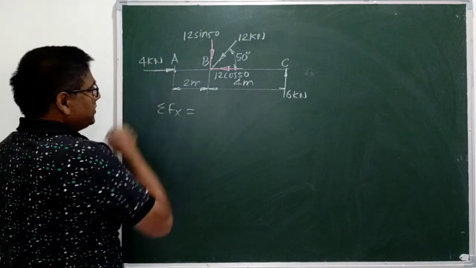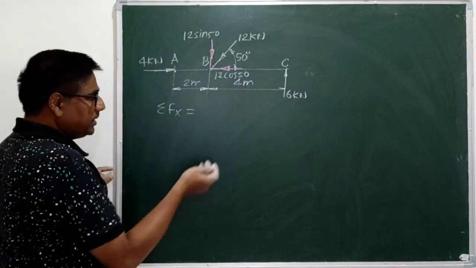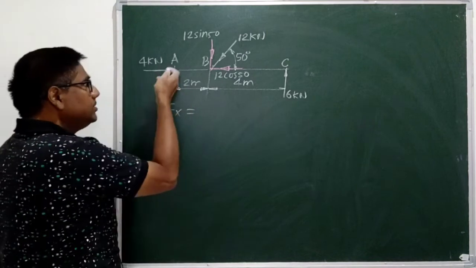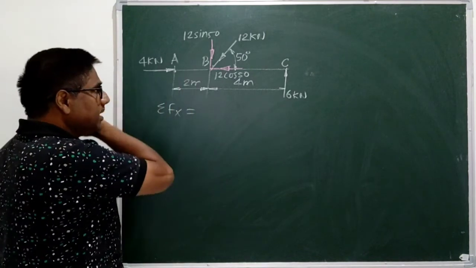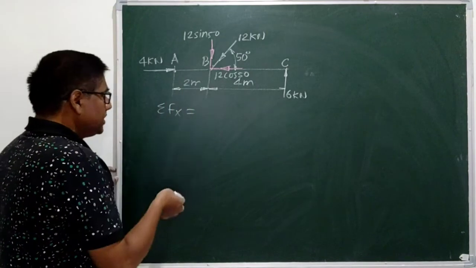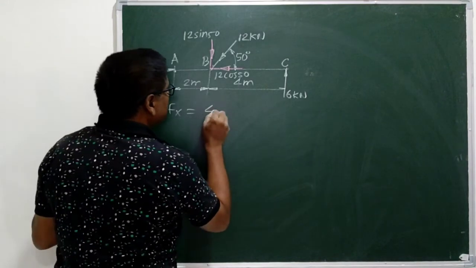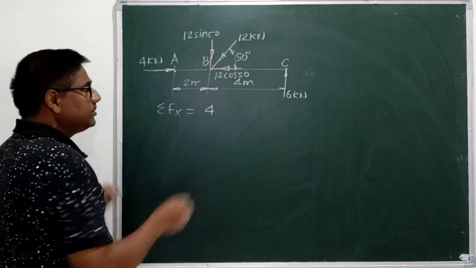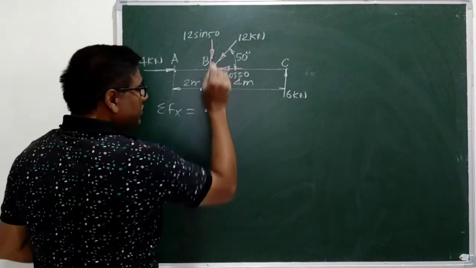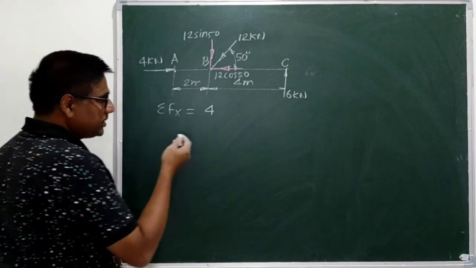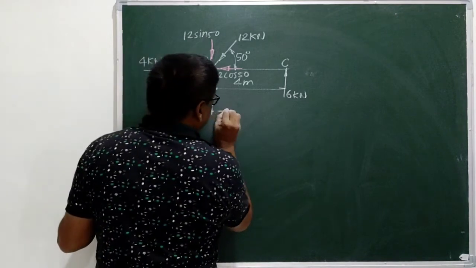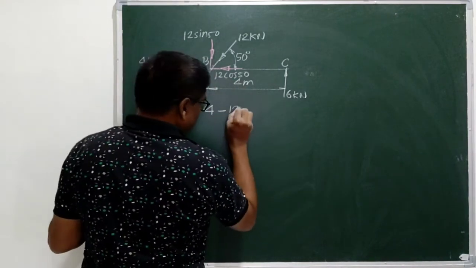This is first force, 4 kilonewton, acting towards right, 4 cos of 0, as it is acting along x axis, angle is 0 with x axis. Need not write cos 0 because cos 0 is 1, just write 4 and it is positive as it is acting towards right. Then this component, as it is acting towards left, we have to take minus sign, 12 cos of 50.